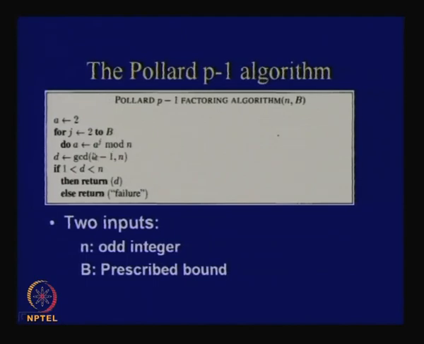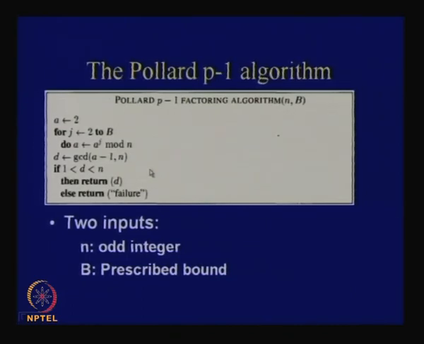First you have j equal to 2, then j equal to 3, then j equal to 4 and so on. So, what are you computing? a to the power of b factorial, right. So, at the end of the for loop you have a equal to a to the power of b factorial, modulo n, right.